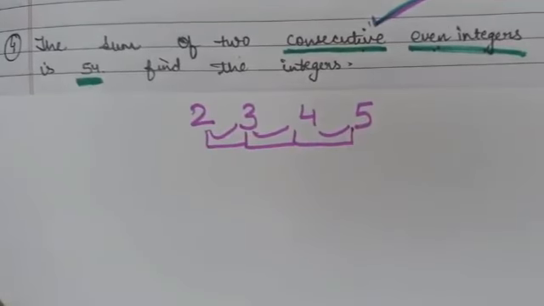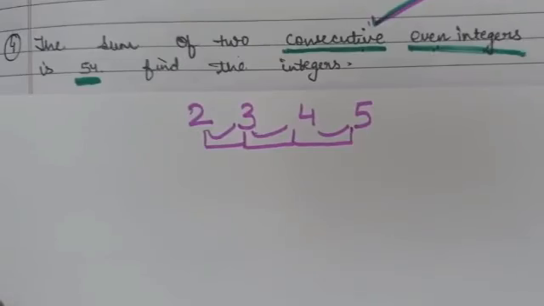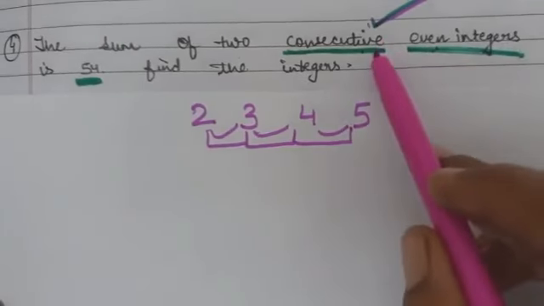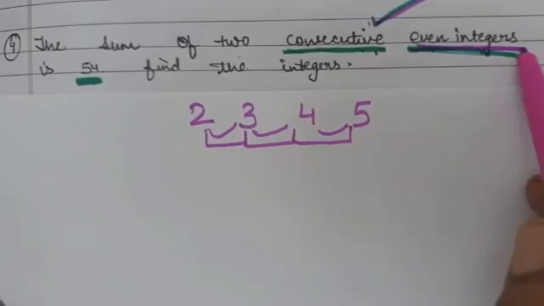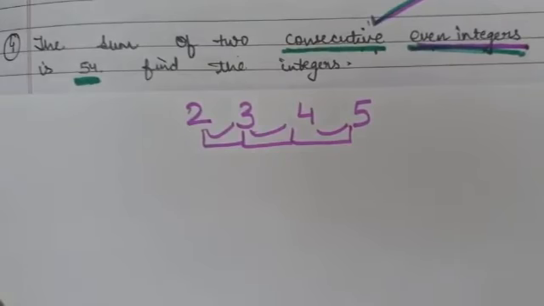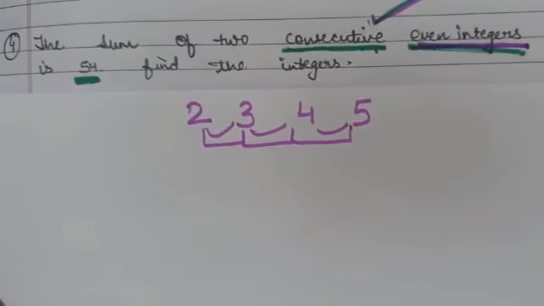So these numbers are called consecutive numbers. But here in this question we have to take consecutive numbers, but they should be even. Now what are even numbers? Even numbers are those which are divisible by 2.